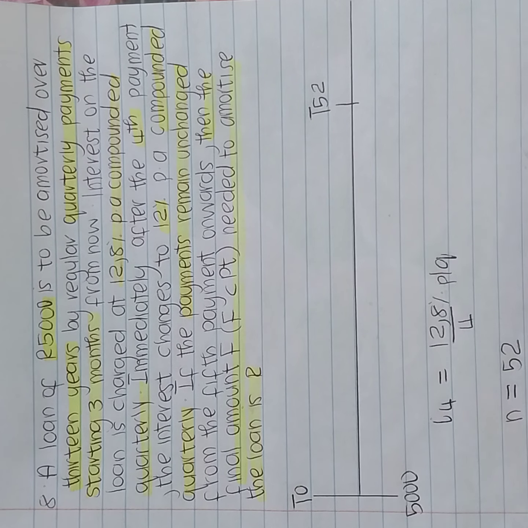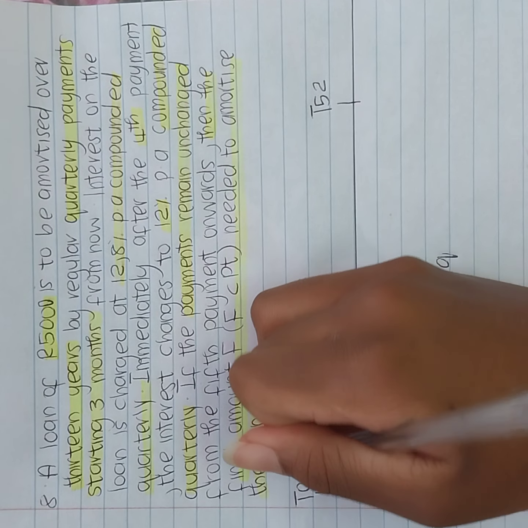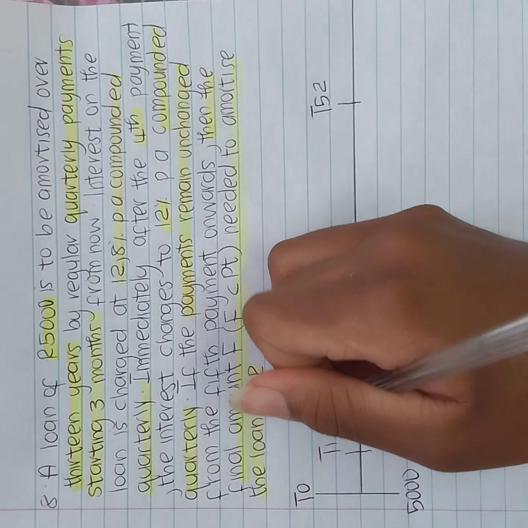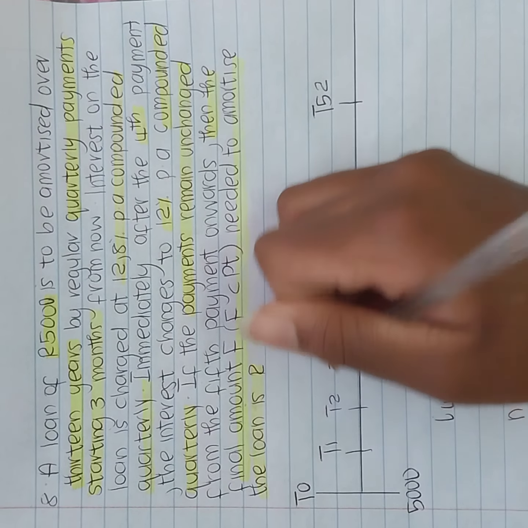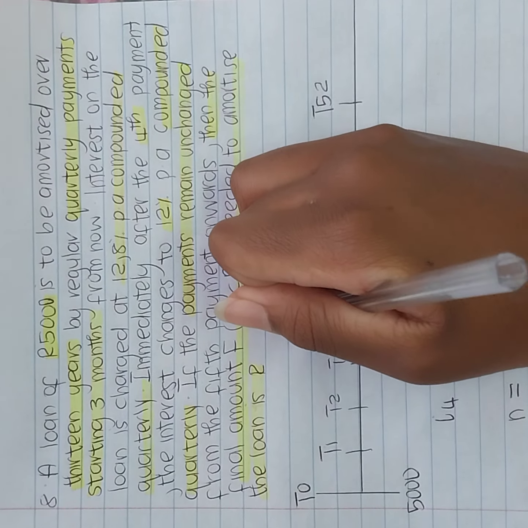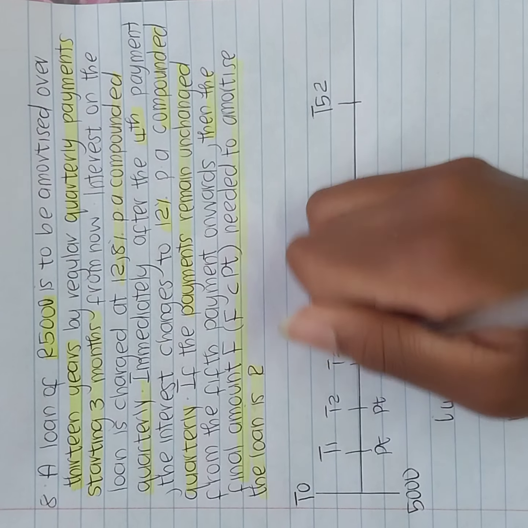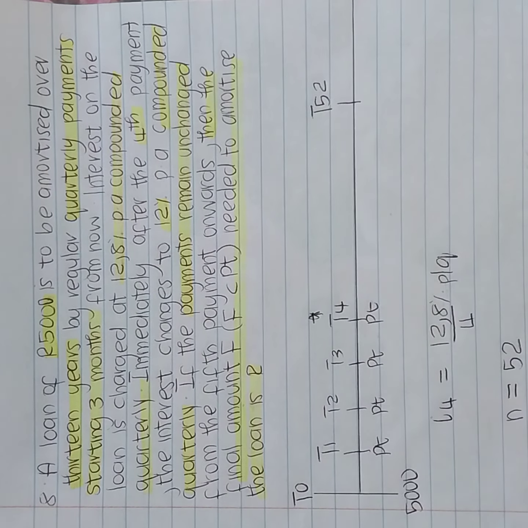So we have to solve for PT because we are not given PT. At T4 is where everything changed. We are not told what exactly happens, so we are not told our PT.